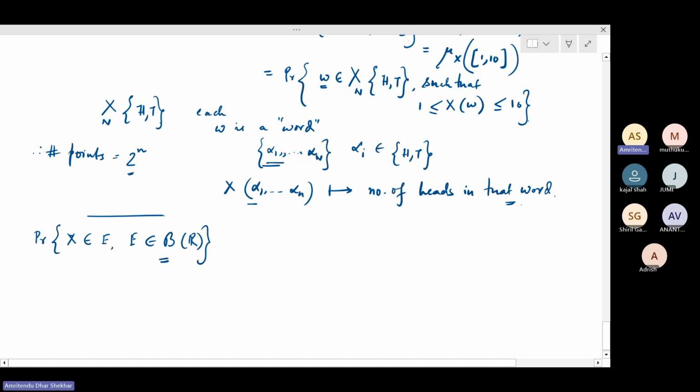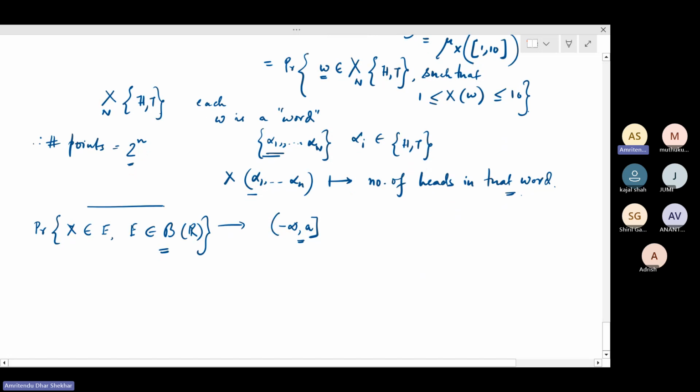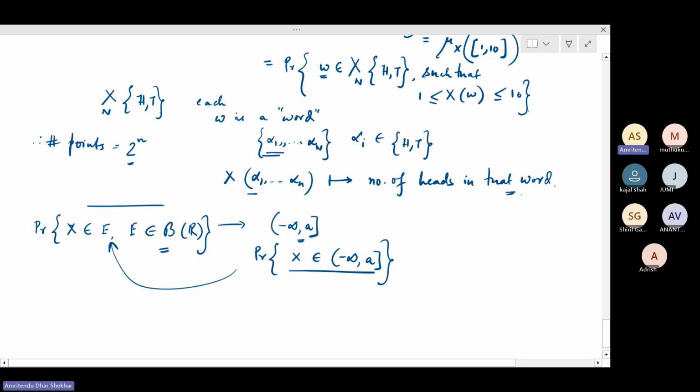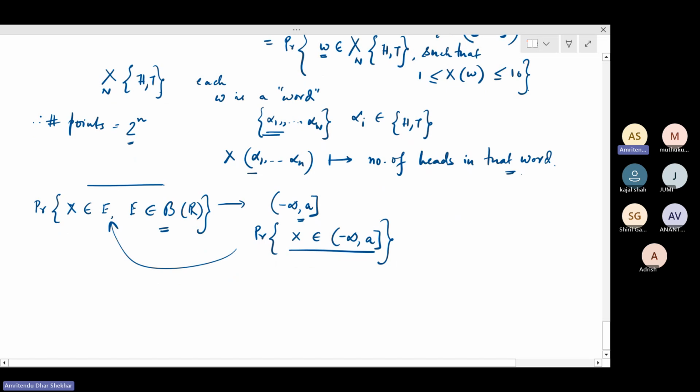But one thing we know is that the Borel sets are generated by sets of this kind. So it suffices for me to just know the probability that X belongs to this set, because if I know this probability, I know the other also, in theory, not necessarily in practice.